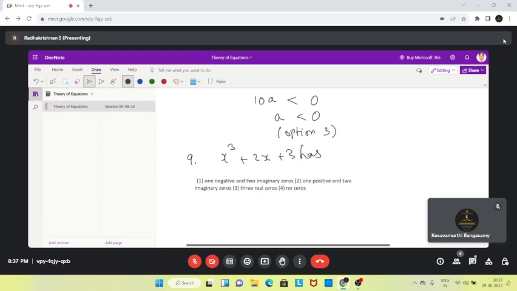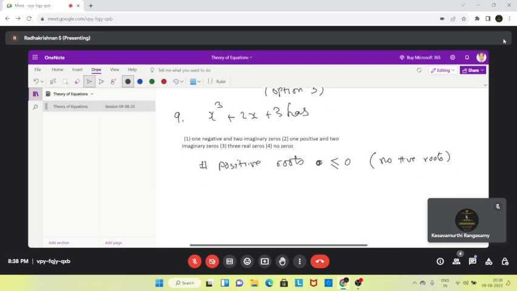The number of positive roots is less than or equal to the number of sign changes, which is 0. So that means no positive roots. How can we find the number of negative roots? Whatever you said, put x equal to minus x.